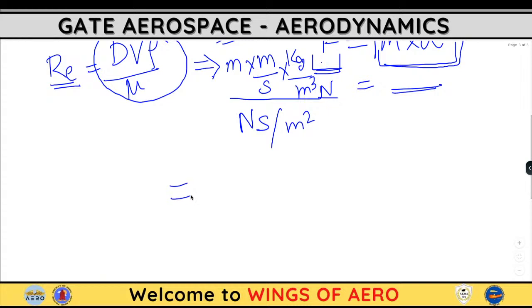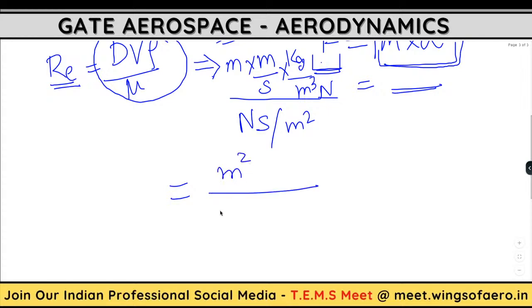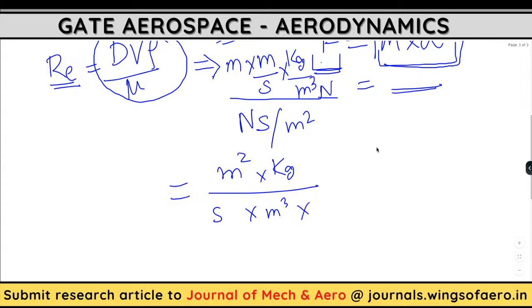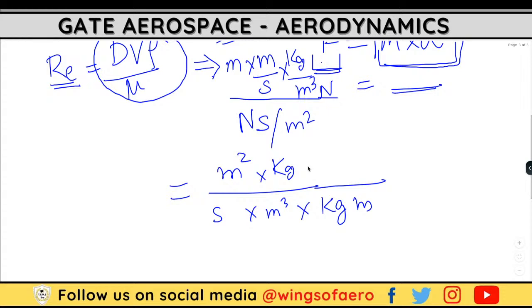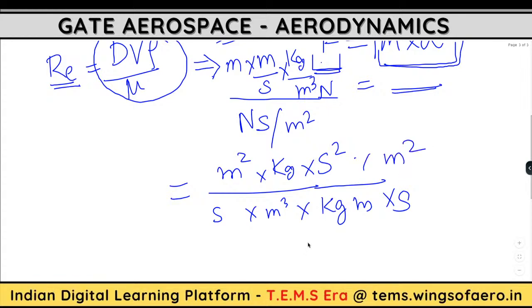Now when I resolve these factors, all the factors will get cancelled out. Let's see: meter square by second into kg into meter cube. Newton means what we can write: kg meter per second square, into second into again meter square. Can we cancel out all the terms?